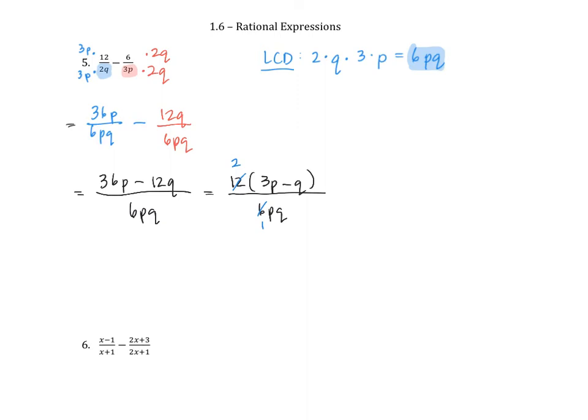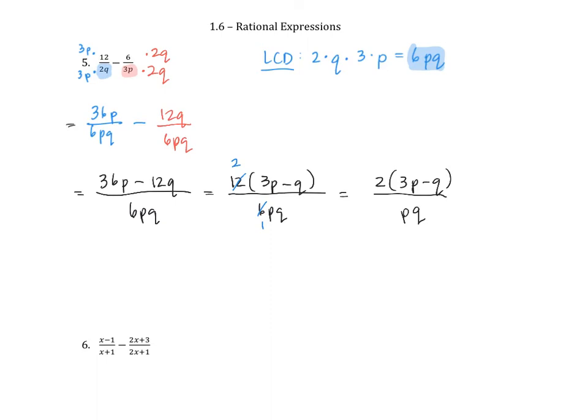It's not 6 plus 2, or 6 plus p. It's not p plus 12. Since they're numbers by themselves, that's why we can divide or reduce these numbers, because they're factors unto themselves. So now we have 2 times 3p minus q over pq left.